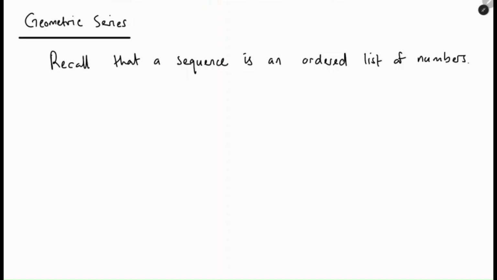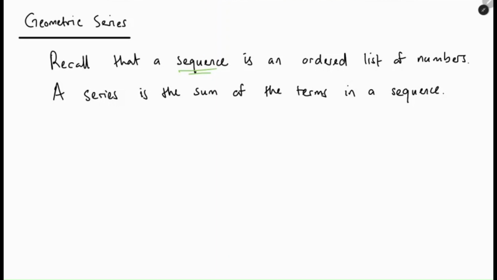You can also recall from the video on arithmetic series that a series is the sum of the terms in a sequence. So a sequence is an ordered list of numbers, and a series just takes the sum of those numbers in that list.